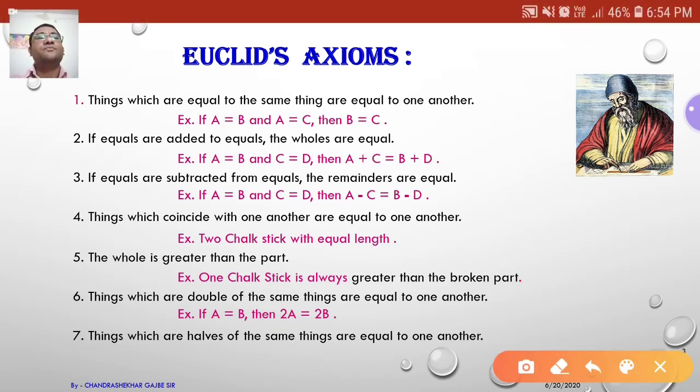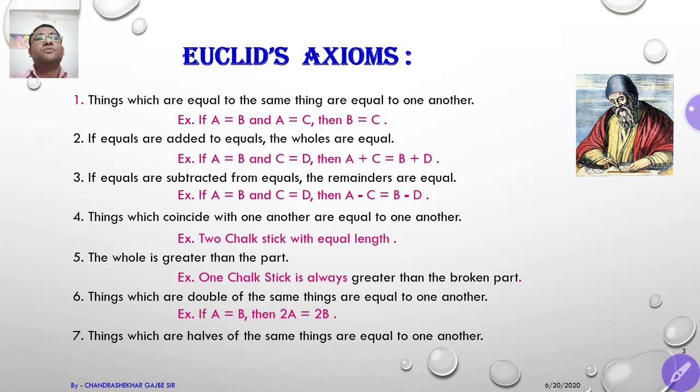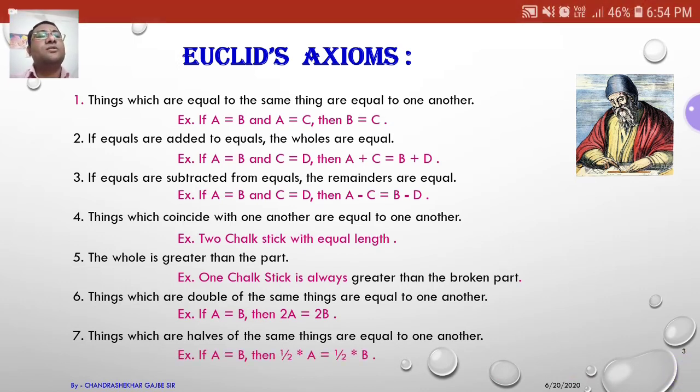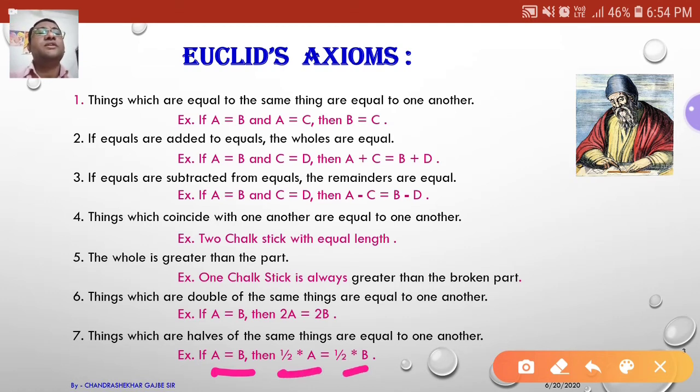For example, when we take two equal things a and b, if a equals b, and we take half of both, half of a and half of b, then those two things will be equal. So if a equals b, then half of those two things will also be equal. This is axiom number 7.